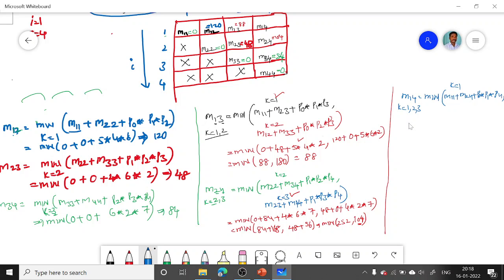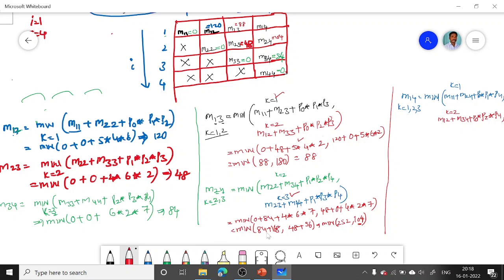If K equal to 2, what we have: M of Ik, nothing but M 1 2, plus M of K plus 1 J, 3 4, plus projection of I minus 1 does not change, Pk only changes, P2, and J also does not change.